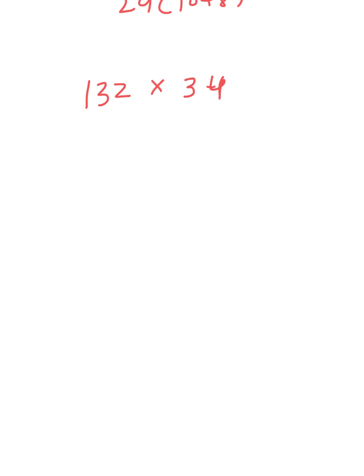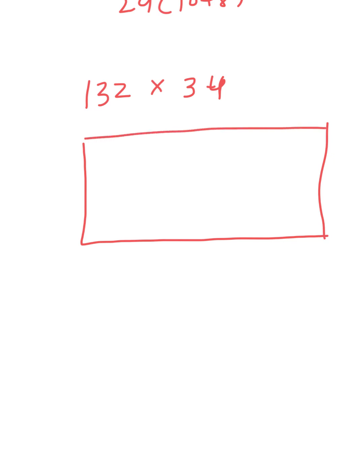As we think about 132 times 34, we think about area model. Again, the area of this rectangle. So we have 100, we have 30, we have 2. We also have 30 and 4.